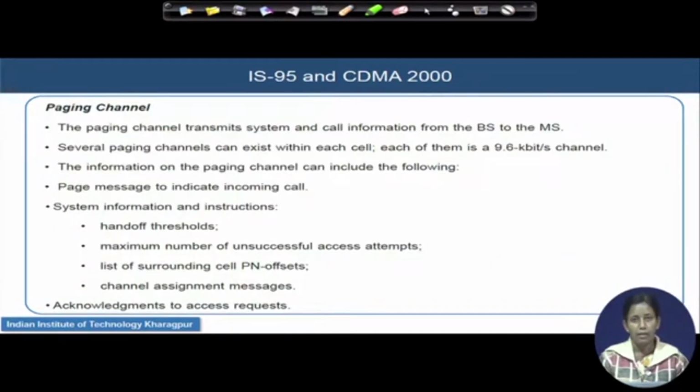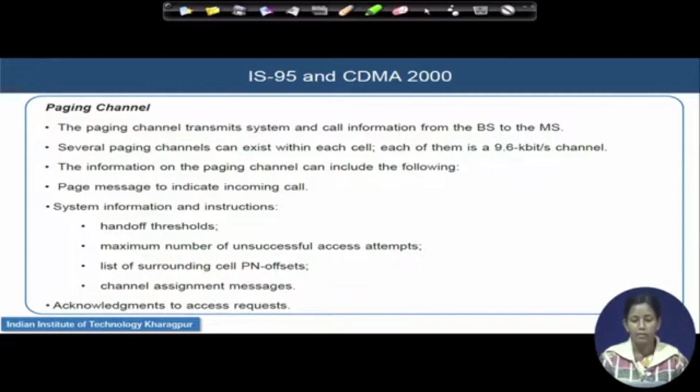Here comes the second category of channel, named the paging channel. It transmits system and call information from the base station to the mobile station. The call information means the start time of the call, the end time of the call, the quality of the call, and whether it was a priority call or a medium call. All that needs to be transmitted through some channel, which is the paging channel.